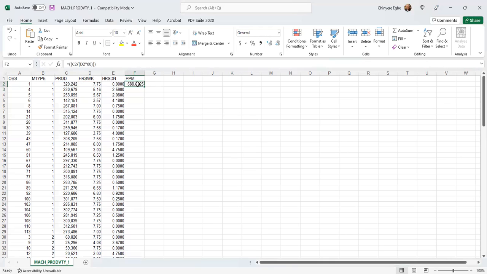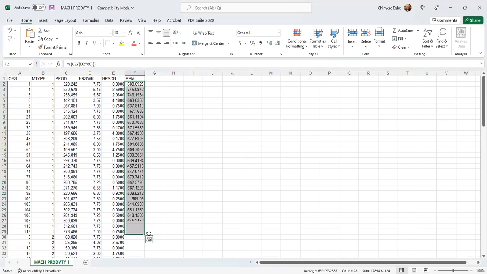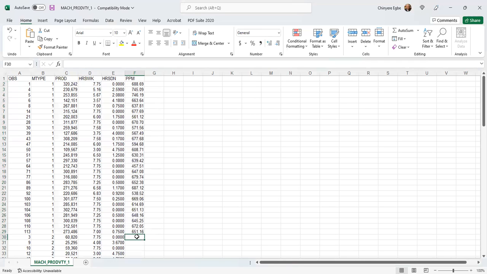So on this day, it produced 688, and you can drag that down. So this is for the number of days. Here we have 28 days. It produced these various numbers of units a day. So I'm going to get an average.